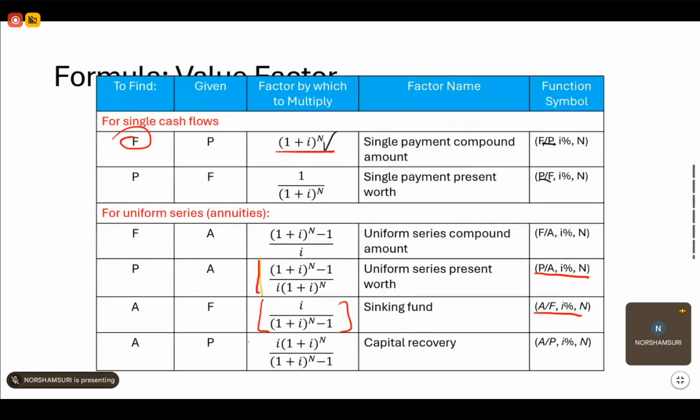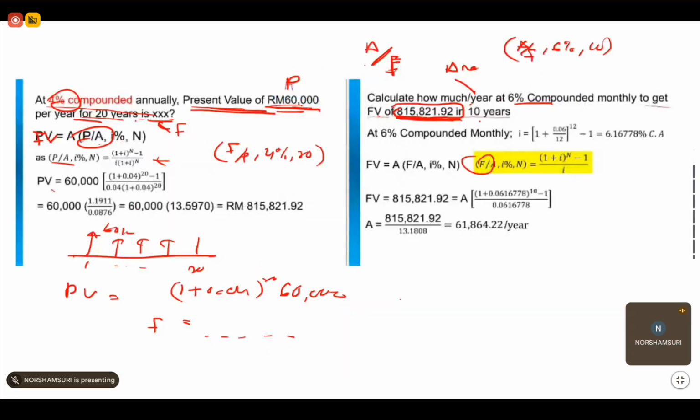Okay, so in this formula, if you use F over A, because this one is A, but then where is A here?